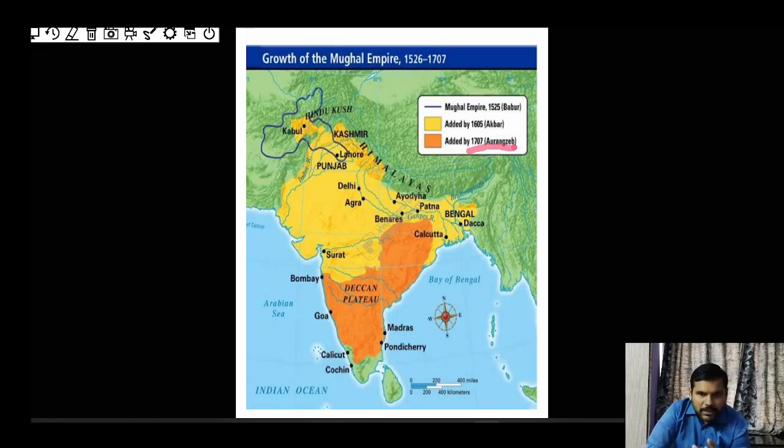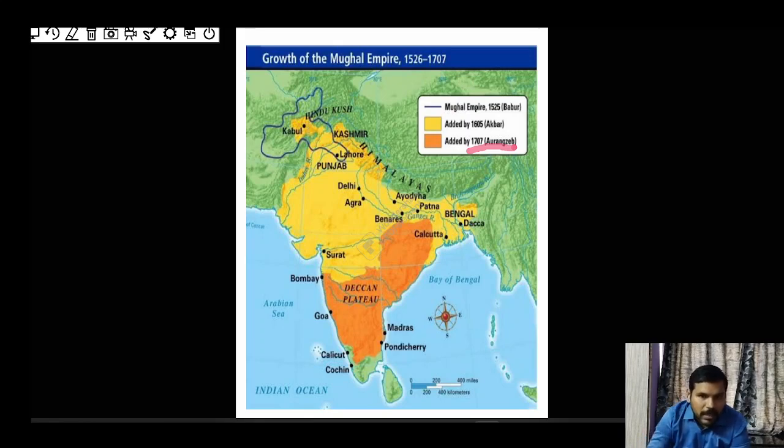But if you look at the history, Aurangzeb was perhaps the last strong ruler, especially militarily, but his religious policy was very tough. There are a few emperors you have to remember from the exam point of view.